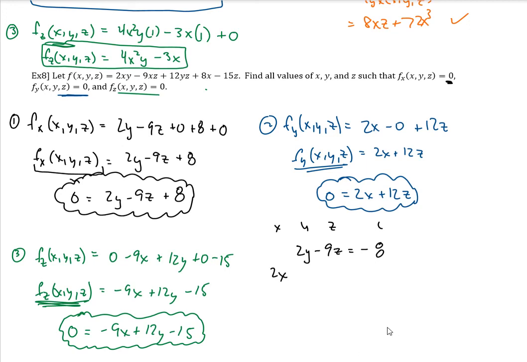There is no y, so just leave a gap, and then plus 12z equals 0. And then this last one, if I add that 15 over, we could write it as negative 9x plus 12y equals 15. Okay, so here we've got a system of equations.